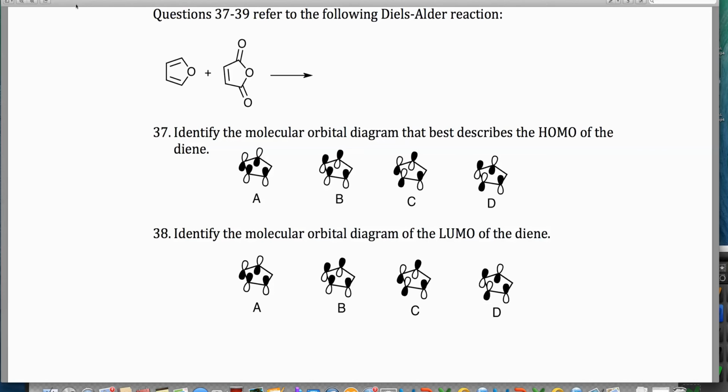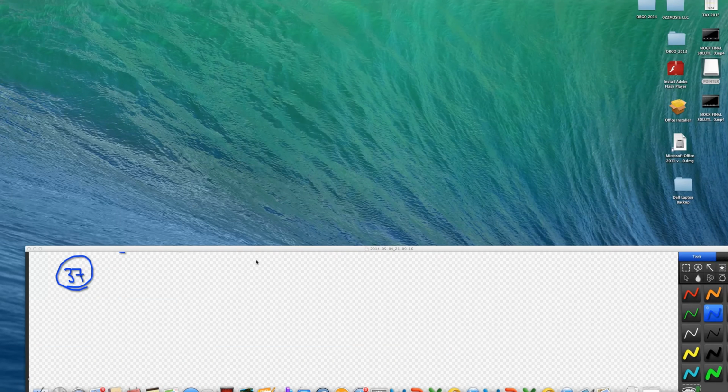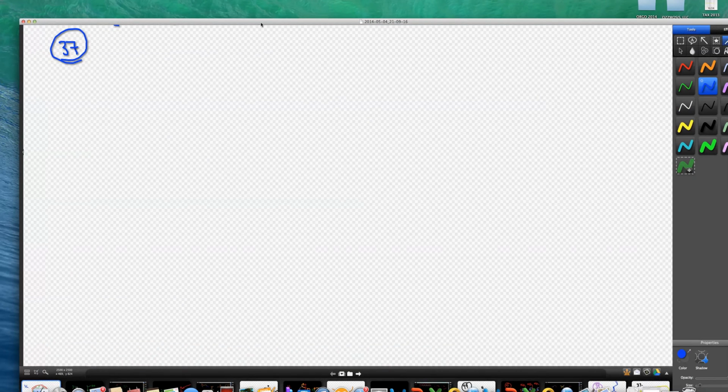So we have 4 pi electrons, that's 4 pi molecular orbitals. So we're going to have two bonding molecular orbitals, 2 anti-bonding molecular orbitals.